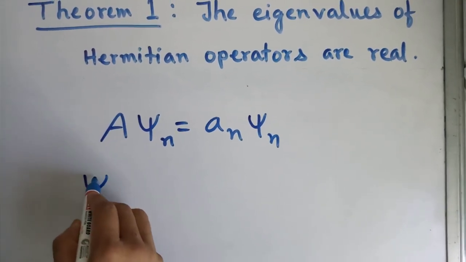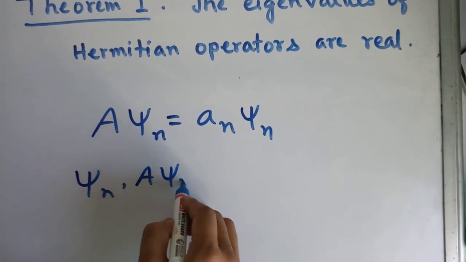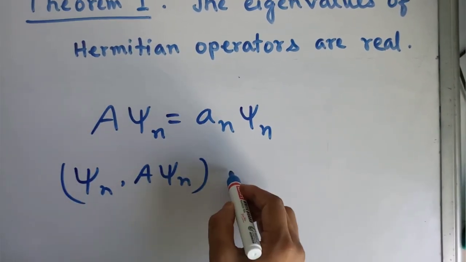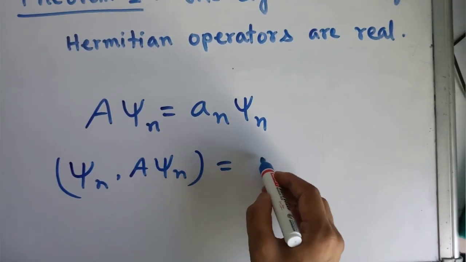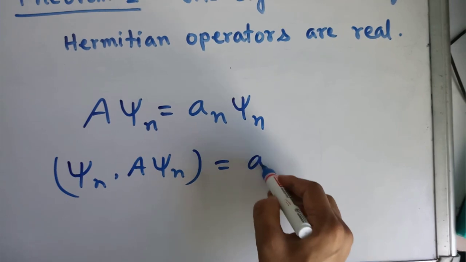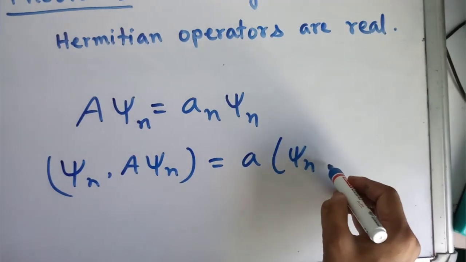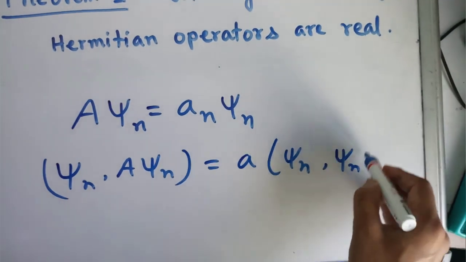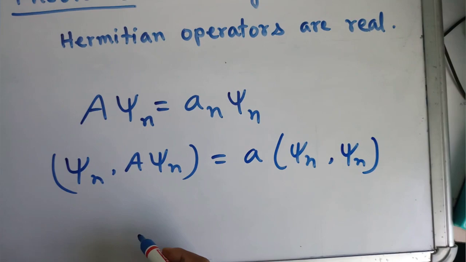This is (psi n, A psi n) equal to a n (psi n, psi n).